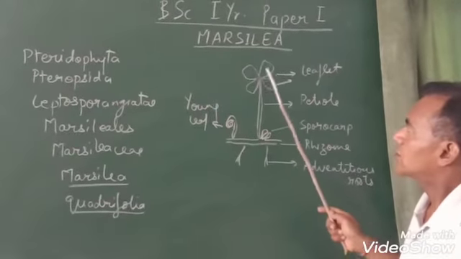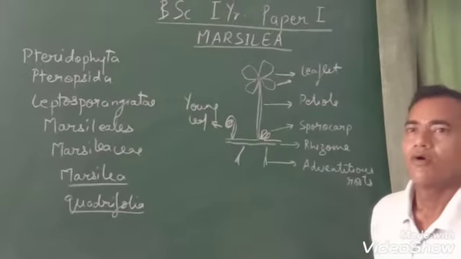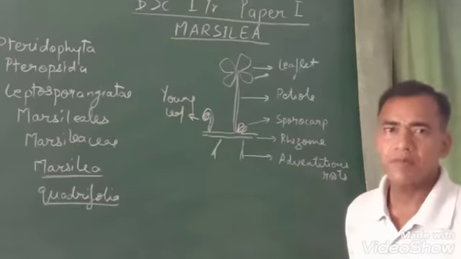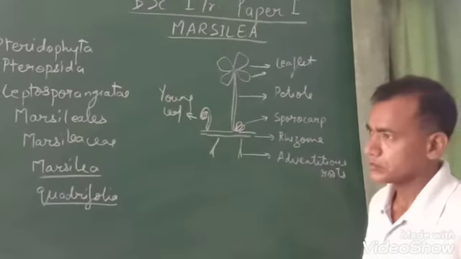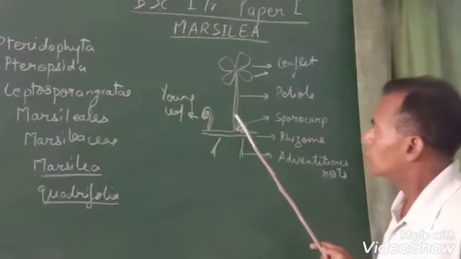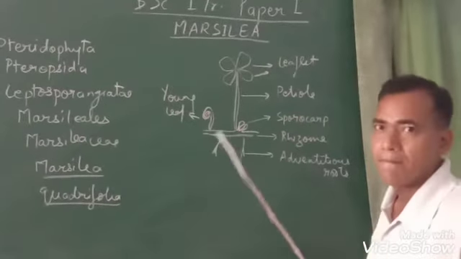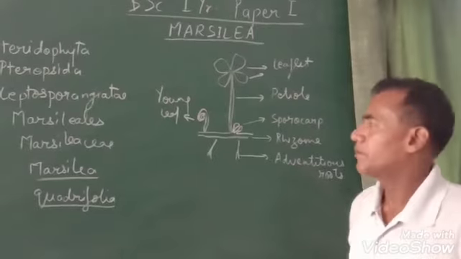The leaflets may be 4. They are generally 4, but their number may vary from 3 to 8. This is known as petiole. This entire leaf is compound. It is not simple.